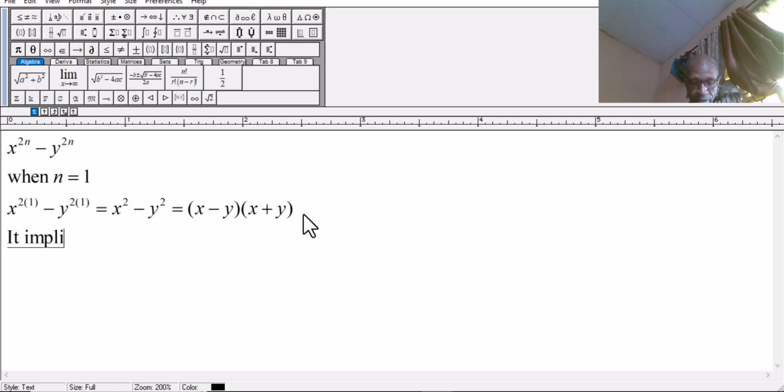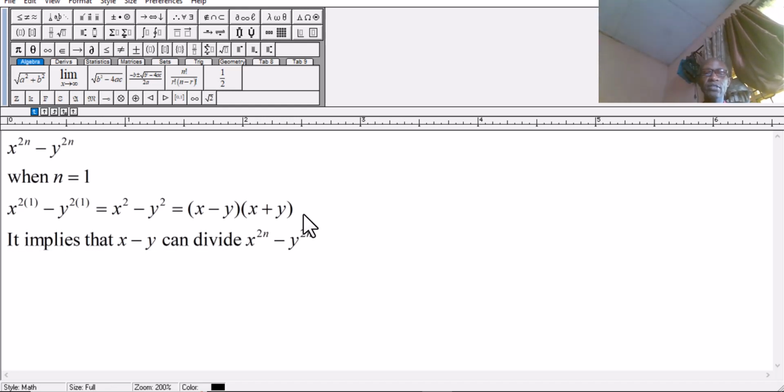x squared minus y squared, that is, x raised to the power of 2 minus y raised to the power of 2. That's what it implies. Now we assume let n be equal to k.